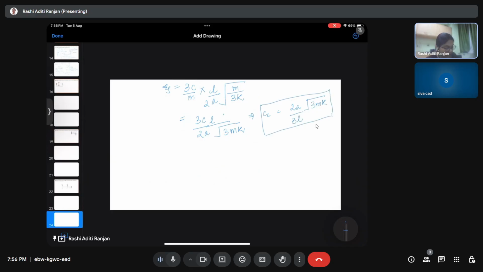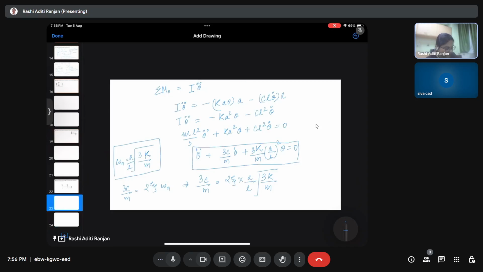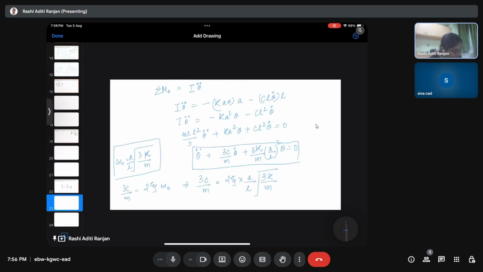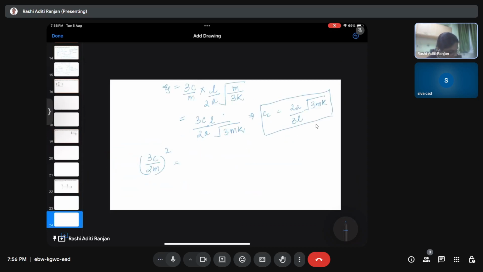We can do it in that way also, where we do b square, which is 3c by 2m square, equal to nothing but this value, 3k by m, a by l square, right?